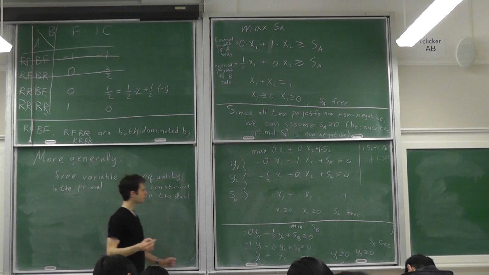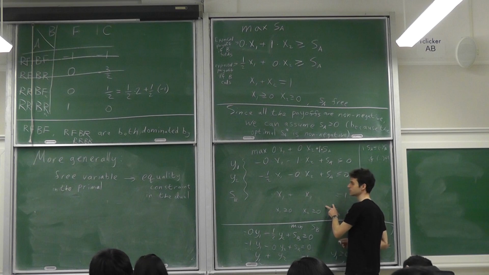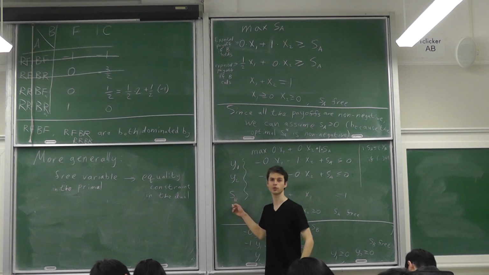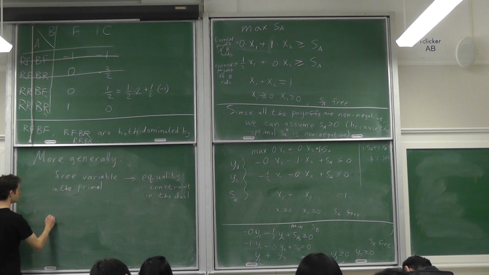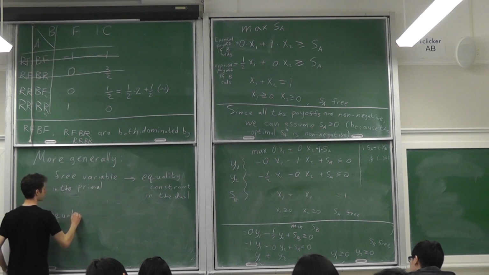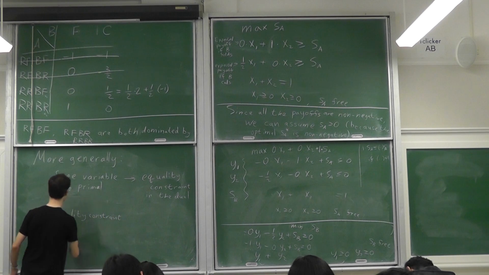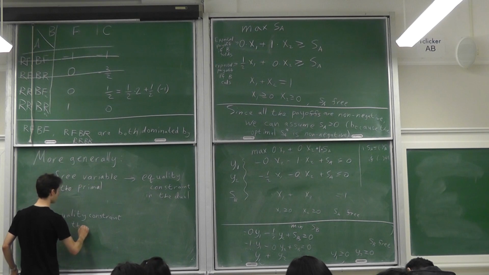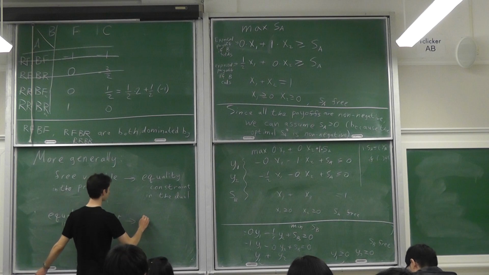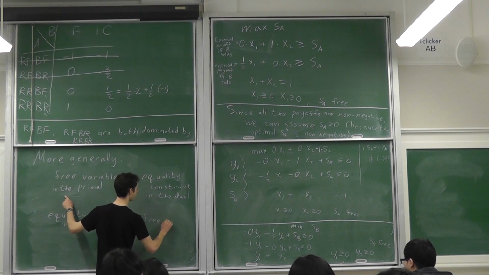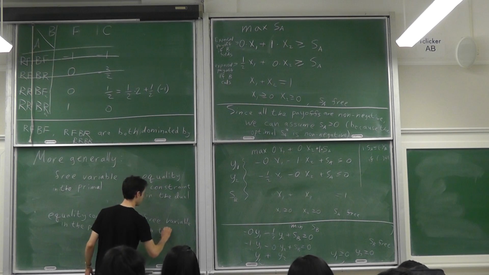Another thing, if you have an equality constraint in the primal, it doesn't matter whether you multiply it by a positive number or negative number. It still stays an equality. So an equality constraint in the primal goes to a free variable in the dual.